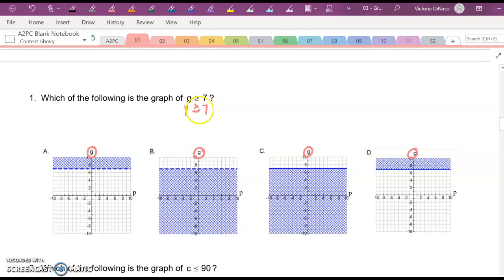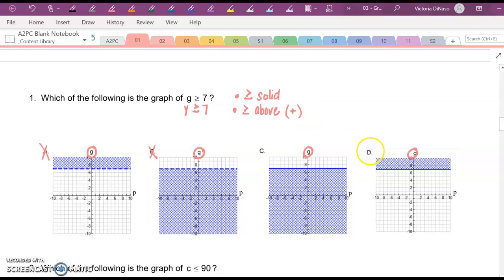In this case, because of the equal to sign, I know that it's going to be a solid line. So we can go ahead and cross off A, cross off B. And based on the direction, we're shading above the line, or towards the positive side of the line.